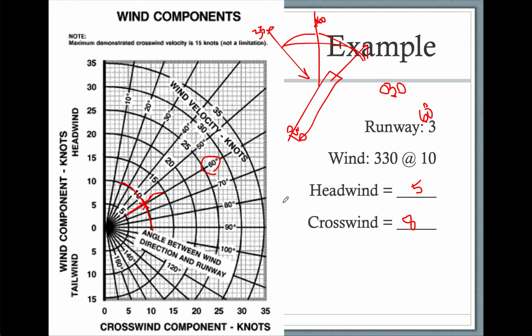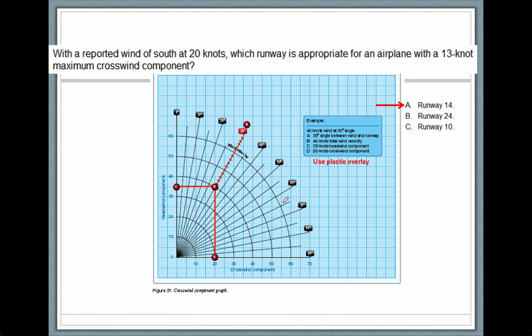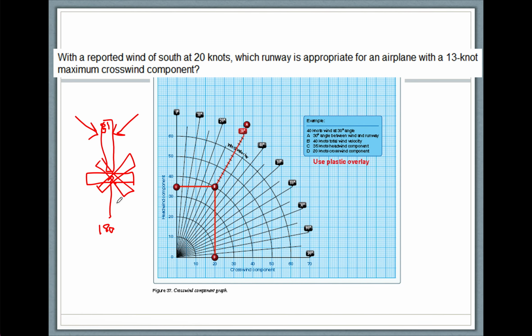So in this example, 24 and 10 were both almost direct crosswinds. The only one that lands me into the wind would be runway 14, which would be this runway right here. So this would be the runway I would pick, runway 14, because it lands me with only a 40-degree crosswind component versus more on either one of them.